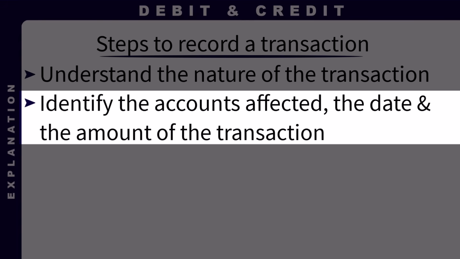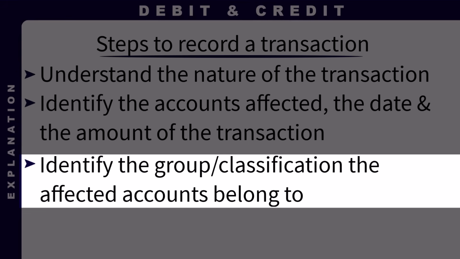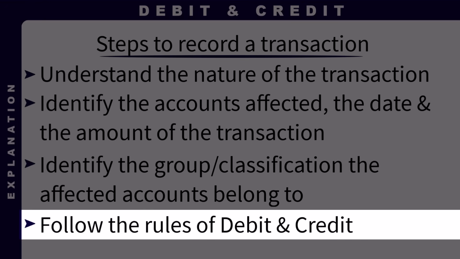Or if accounts payable is affected, is it increased or decreased? Thirdly, identify the group or classification of the affected accounts. Is the account affected an asset account? Is it a revenue account? And so on. Finally, follow the rules of debit and credit we just saw as a table identifying what accounts are debited or credited and when.